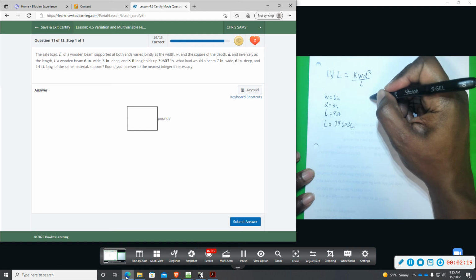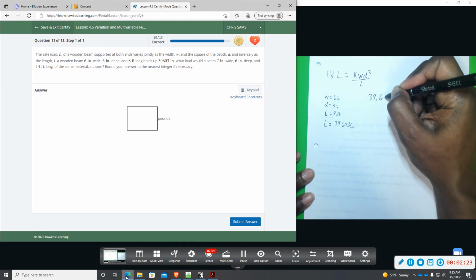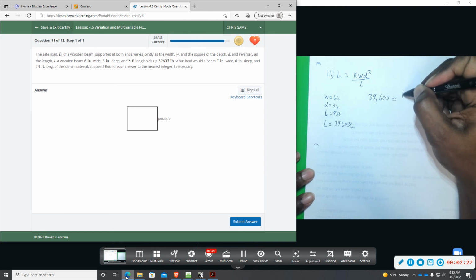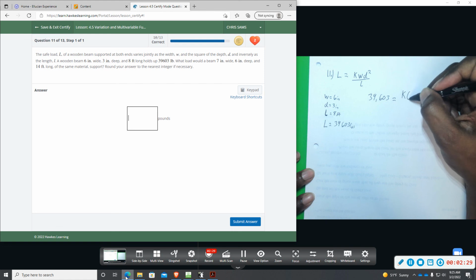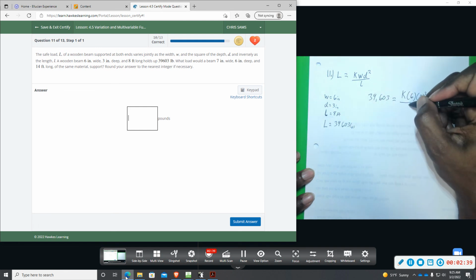Okay, so load 39,603 is equal to K, which is unknown, times W, which is 6, times D, which is 3, and that quantity is squared, and it's all divided by the length of 8.